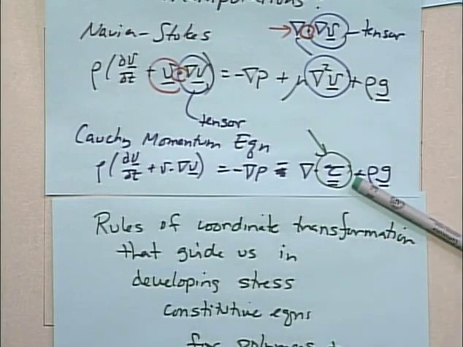And that's what we need to preserve. So we're going to study for the next couple of lectures how to do these manipulations, so that we can better understand what the constraints are on our equations in order to write stress relationships that don't violate these rules. Okay?